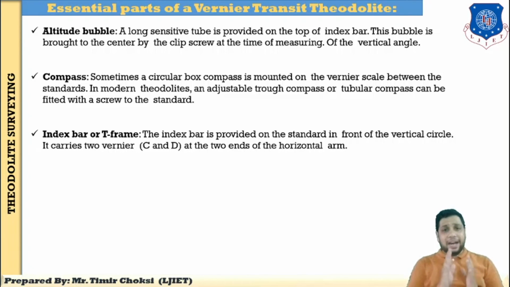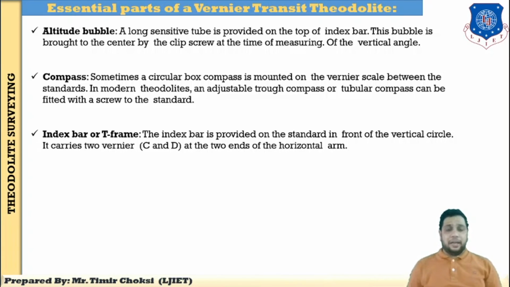The leveling head is used for finding the horizontal angle, but the altitude bubble is used while taking the reading of the vertical angle, when the altitude bubble is always in level. During this leveling work, the clip screw is used when measuring the vertical angle. So the altitude bubble is the most essential part for finding the vertical angle.